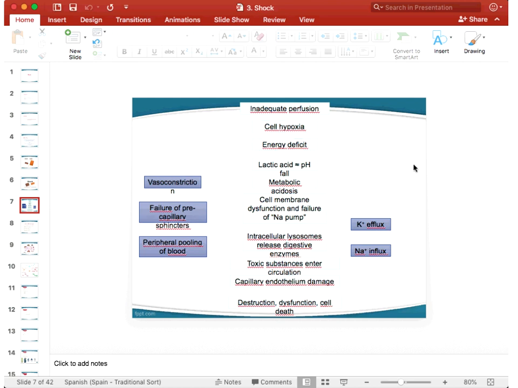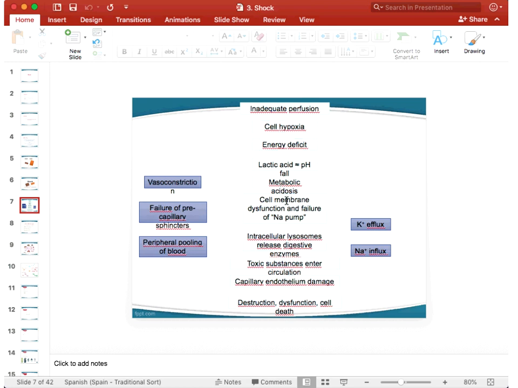Therefore, we don't have anything to pump out, so the cardiac output sees itself jeopardized. And every tissue then falls into hypoxia and becomes in a metabolic state of lactic acidosis, developing metabolic acidosis.